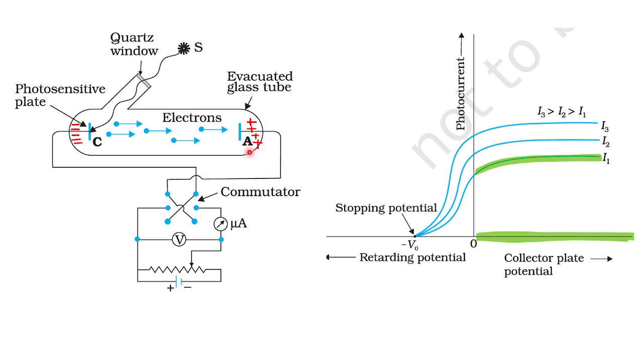So increasing the collector potential does not increase the current. The current is almost fixed. The current basically depends on intensity from this experiment, because more intensity produces more free electrons. So the collector potential has no role in increasing the electric current.